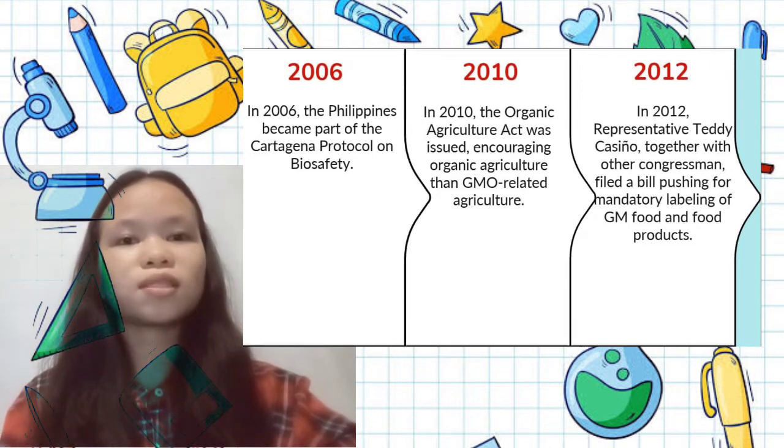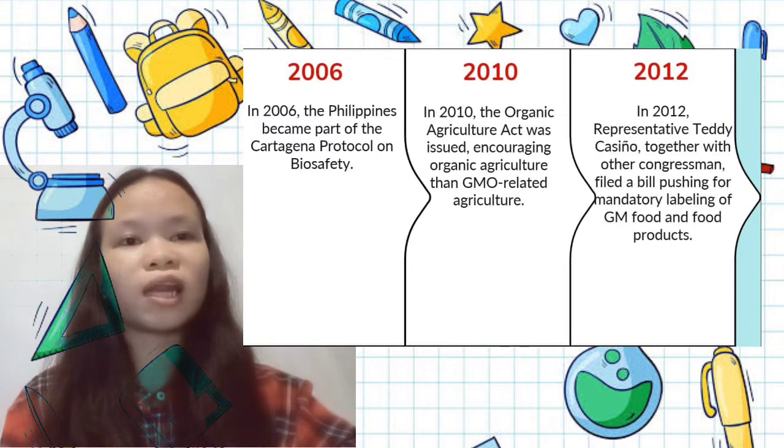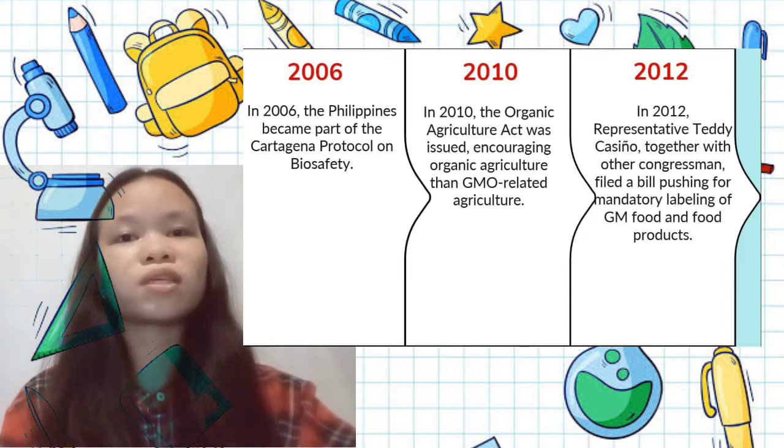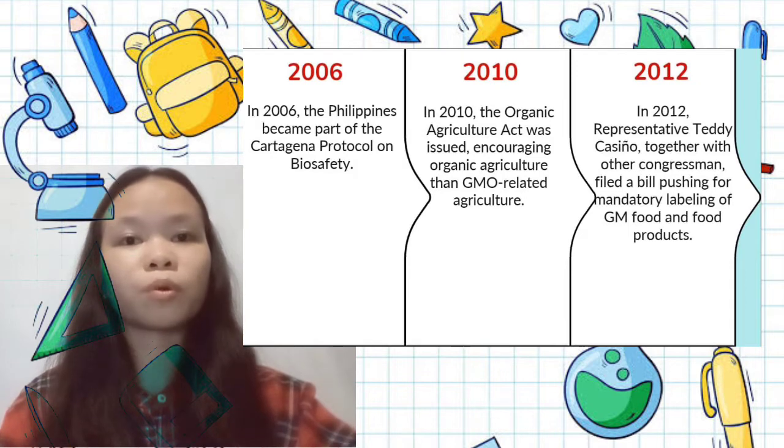So in 2010, the Organic Agriculture Act was issued, encouraging organic agriculture over GMO-related agriculture. This act declares that the policy of the state shall be to promote, propagate, develop further, and implement the practice of organic agriculture in the Philippines.